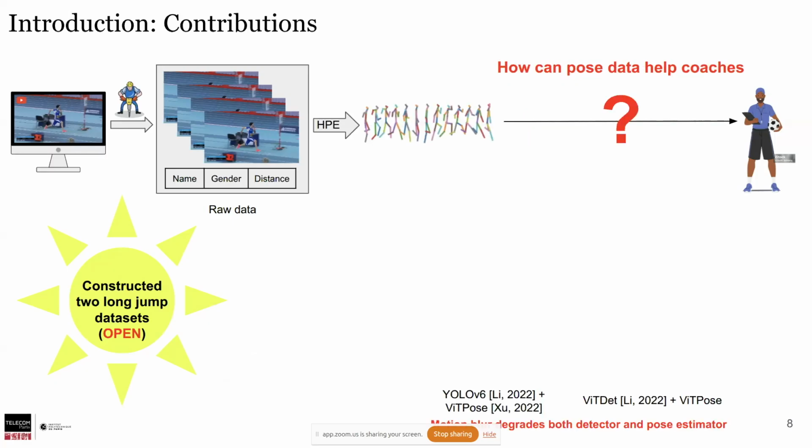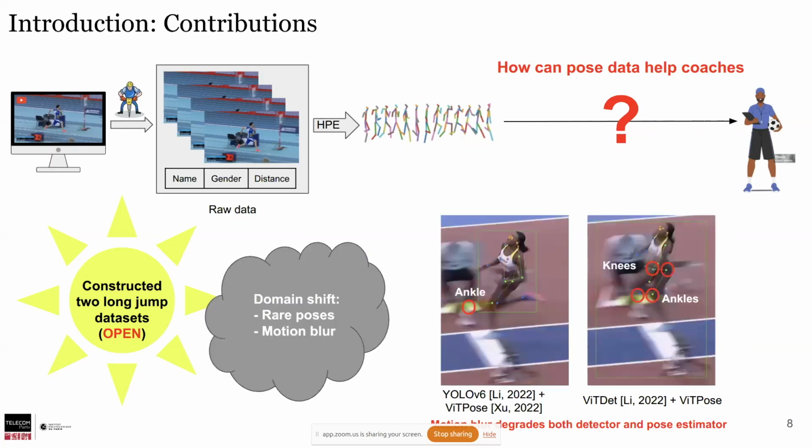When we have the data set of the images, it's not ready to use for analysis. So people use human pose estimation, here HPE, to get the skeleton joints of the athletes so they can perform some measurements. This problem has been widely studied and people get very well-performing models.